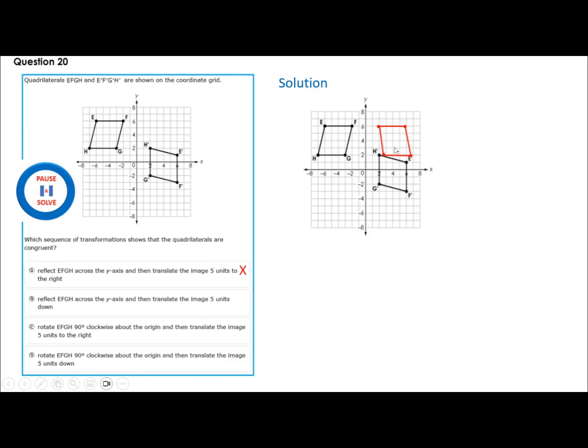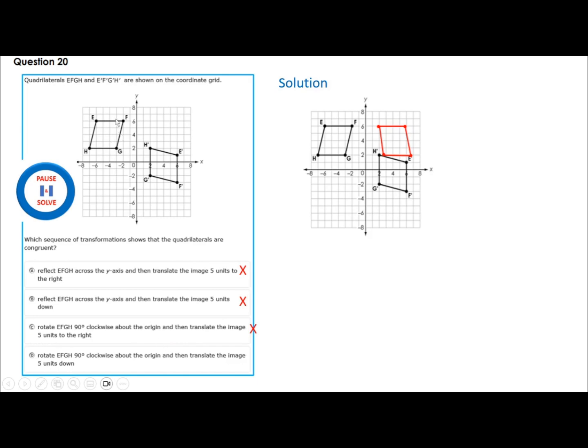If you take this 5 units down, this will not match this. Okay? That's not good. Rotate. Now we're going to rotate EFGH 90 degrees clockwise. I need to rotate this 90 degrees clockwise, so I'm going to be here about the origin, and then translate the image 5 units to the right. So let's see. That's also not good.